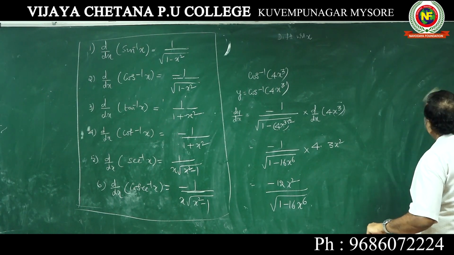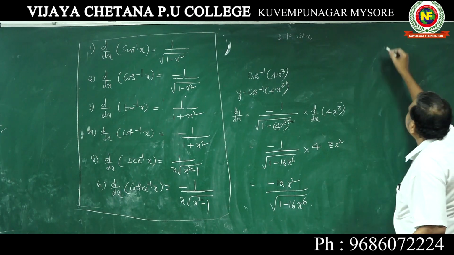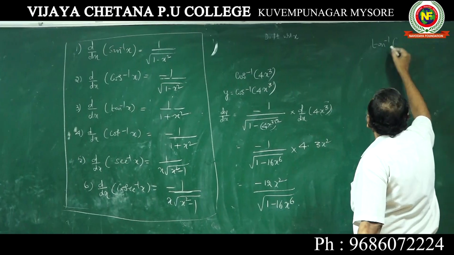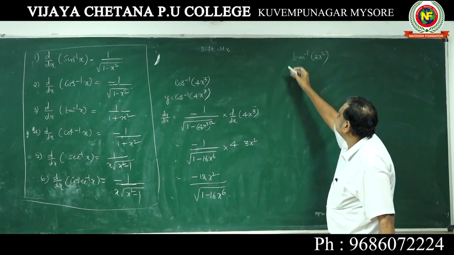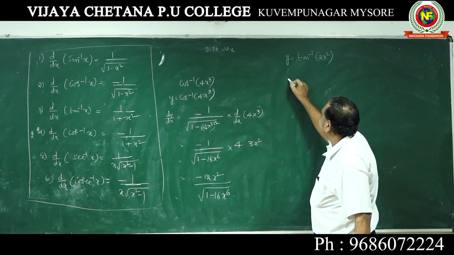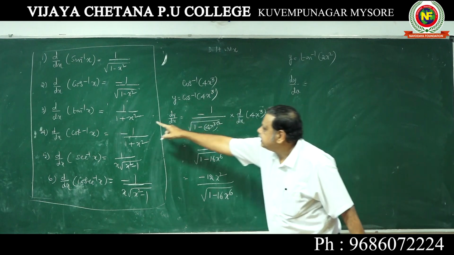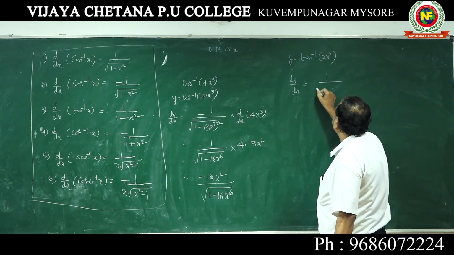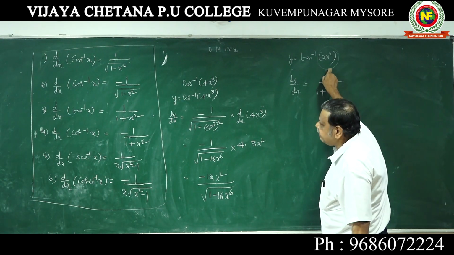One more we will do, and then I will give you some problems to do in the course. Take tan inverse 2x square. Now when you differentiate, dy by dx equals, you have to use the formula for tan inverse x, 1 over 1 plus x square. Instead of x, 2x square is there.